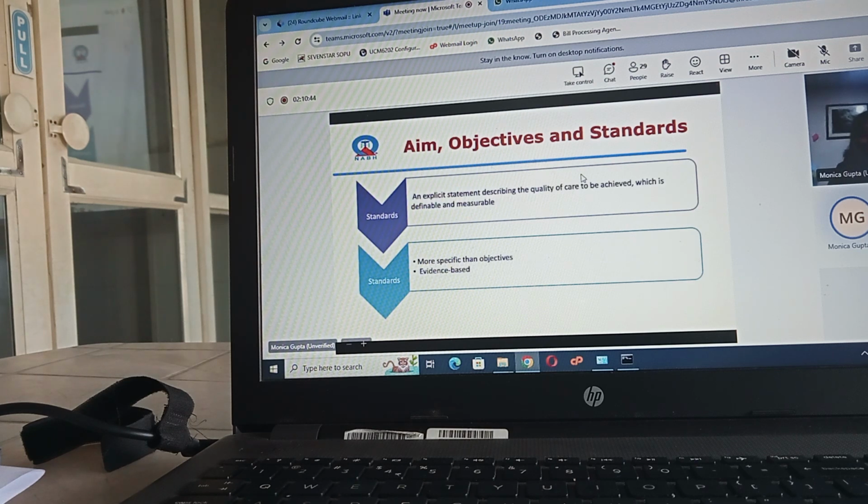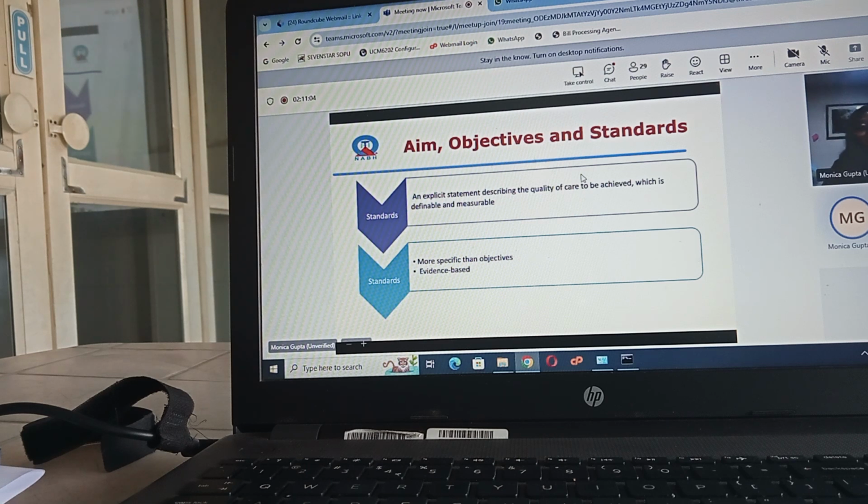And what are standards? Standards are basically explicit statements describing the quality of care to be achieved, which is definable and measurable. So standards will essentially be definable, they will be measurable. Right? While objectives are objective no doubt, here the standards make them measurable.